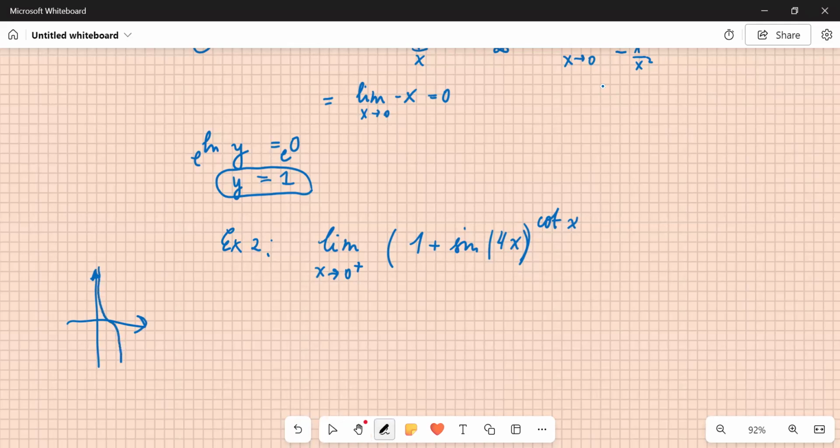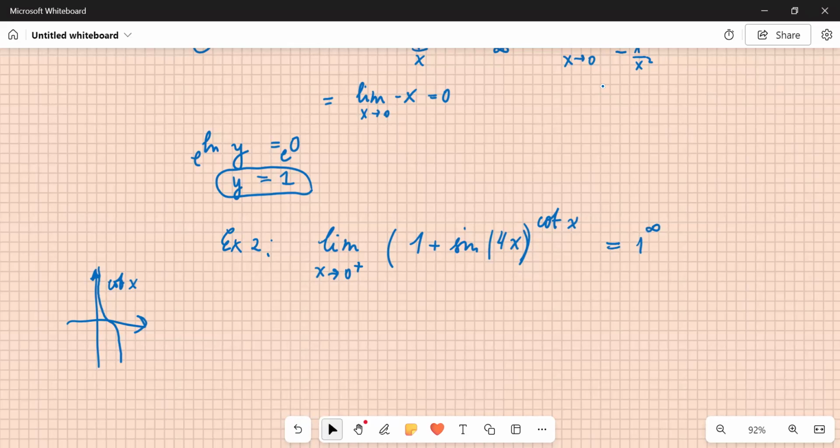This is the cotangent graph, cotangent of x, and we see that it goes to positive infinity when x approaches 0. So we do have almost 1. If it's just regular 1, it's going to give you just 1. But if it's 1 plus a little small addition, it can be actually anything. And cotangent goes to infinity, so we have 1 to the power of infinity.